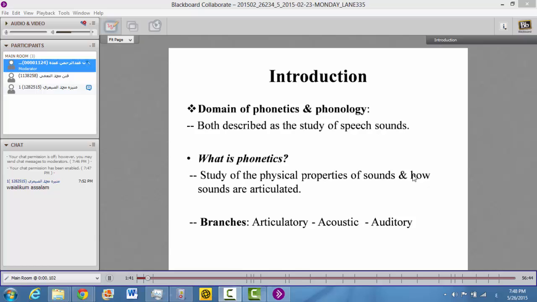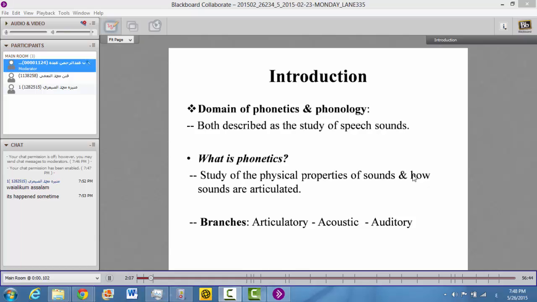But when it came to the phonology class, I couldn't get in. I don't know what's wrong with the Blackboard system that time. Anyway, we can make up for that class, inshallah, maybe next Saturday. Next Saturday, we decide on a time, and I give you the complementary class.